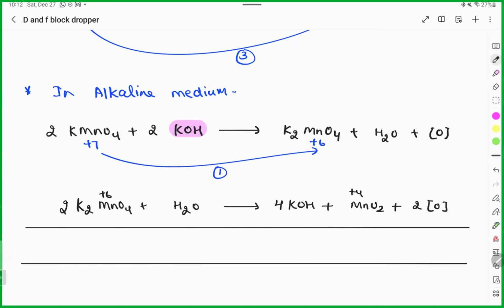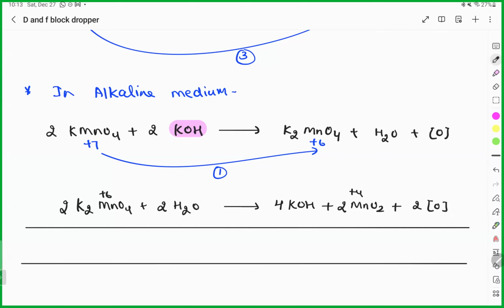Manganese: 2 on the left-hand side, 2 on the right-hand side, balanced. Oxygen: 8 on the left, 4, 4, 8 and 2, 10. So it means here it should be 2. Now is it balanced? Yes. Hydrogen balanced. Everything is balanced now.